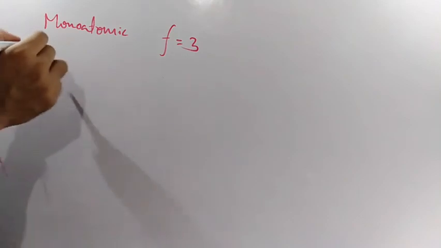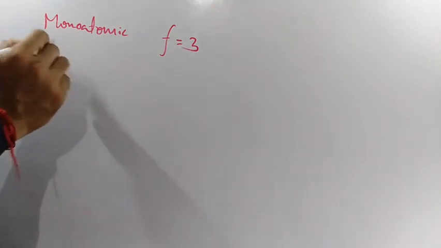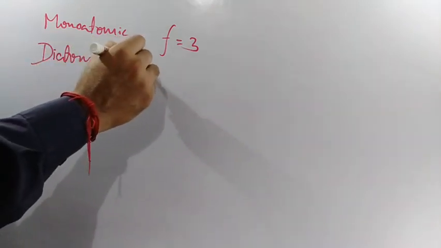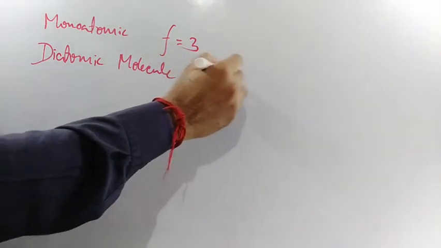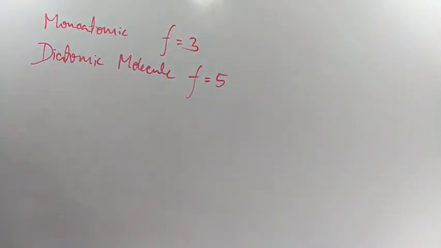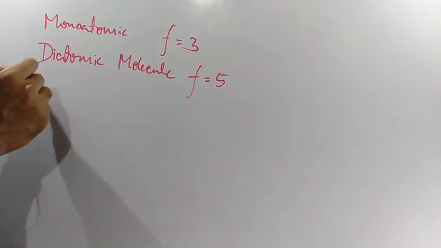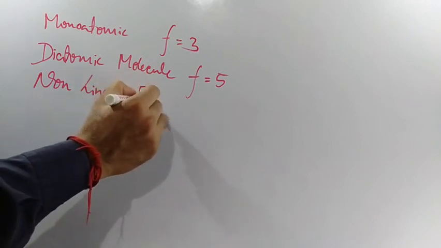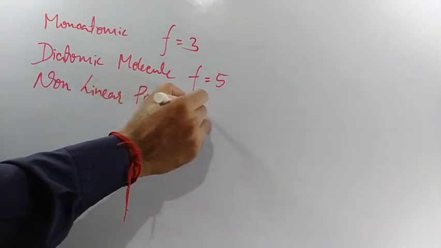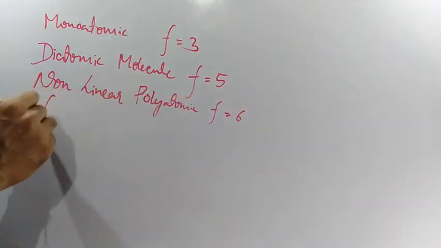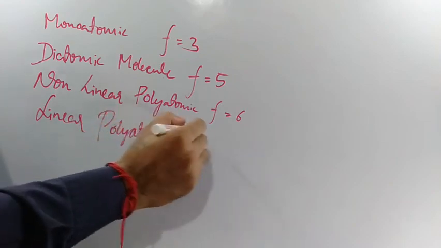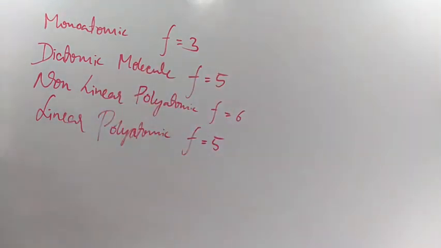Next, diatomic molecule, F value is 5. Next, non-linear polyatomic, F value is 6. Next, linear polyatomic, F value is 5. Where F is the degree of freedom.